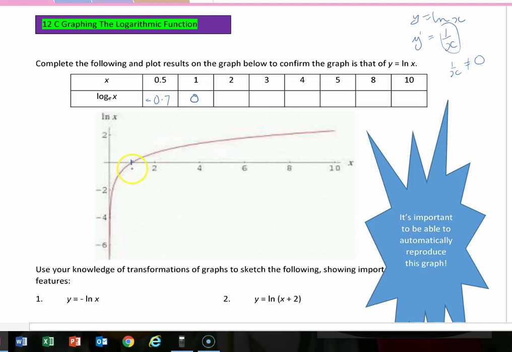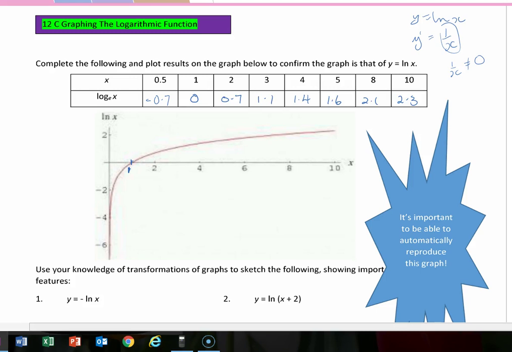I would always identify that x-intercept on your graph, because it's standard practice to identify intercepts if you can identify them easily. So put them on your actual graph.